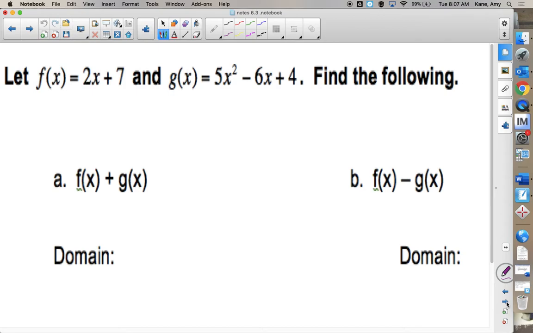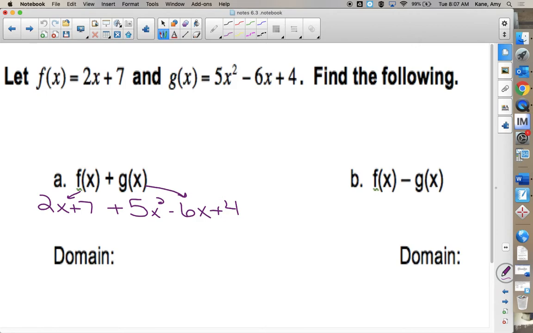literally, you're taking the expression that represents f of x, which is 2x plus 7. So that's f of x. You're adding that with all of the expression for g of x. Right here's g of x. Which we actually did when we were adding polynomials, except the polynomials were already set up for us.